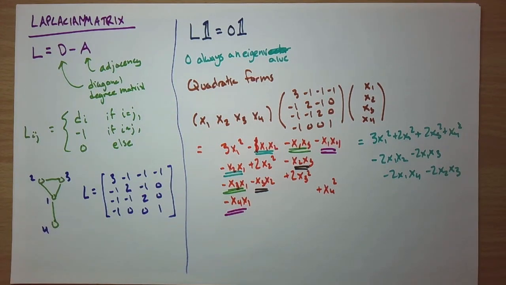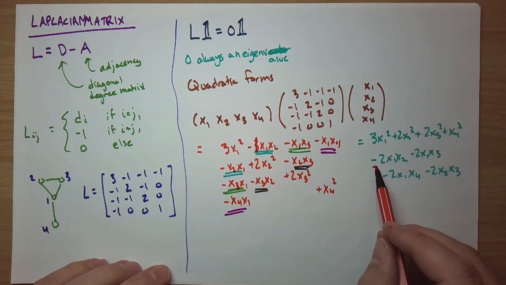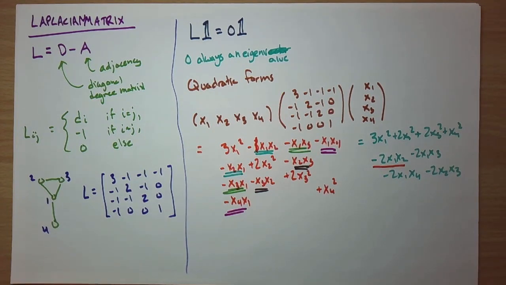Can we get it even better? Well, if you saw something like a minus 2x1 x2, what would you like it to be part of? Where do you often see things like minus 2x1 x2? Like an x1 minus x2 squared.